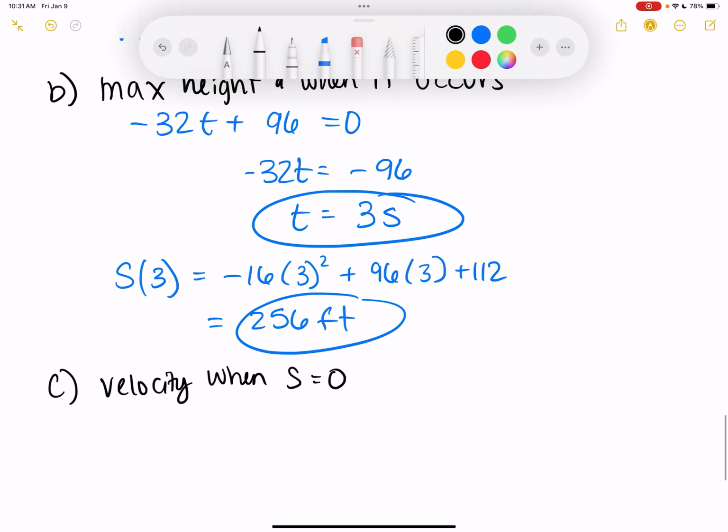So I've got negative 16t squared plus 96t plus 112 is equal to 0. A lot of times it works out nicely where whatever number is in front of your t squared will actually come out of all of the pieces, which is nice. And I think it does with this one as well.